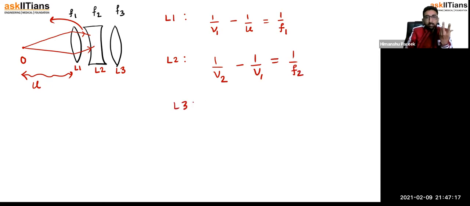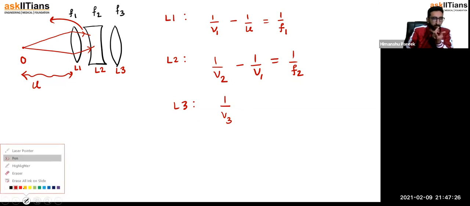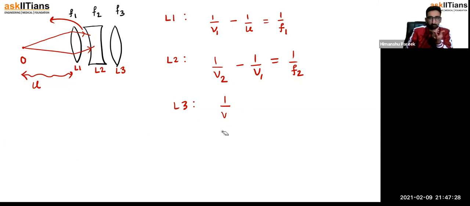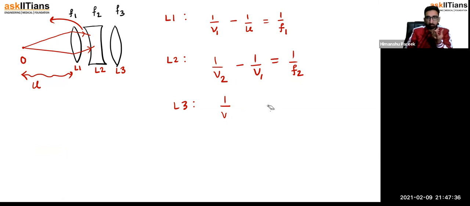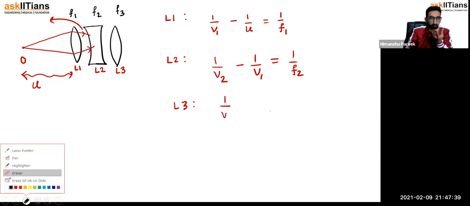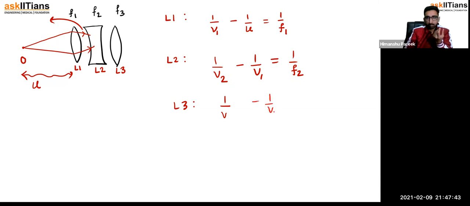Similarly, you can write for lens number 3 also. I have just taken 1 or 2 lenses; you can take multiple lenses also. Let's say the final image is coming at V, so let me just write it with V only. So 1 by V minus 1 by V2, where V2 is the object, is equal to 1 by F3.